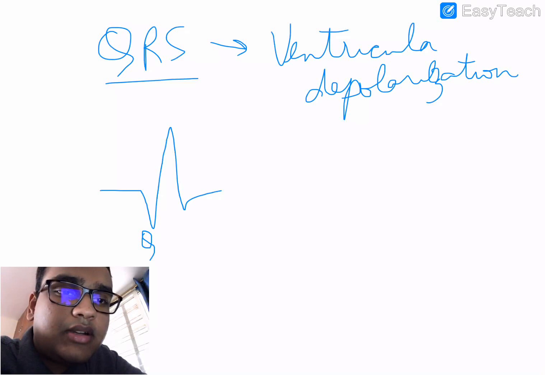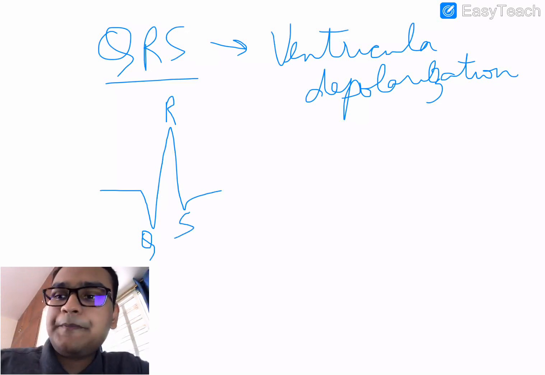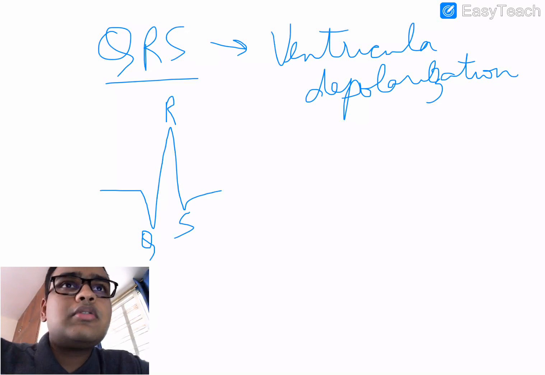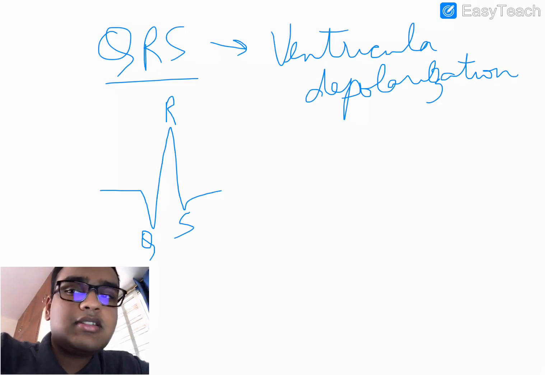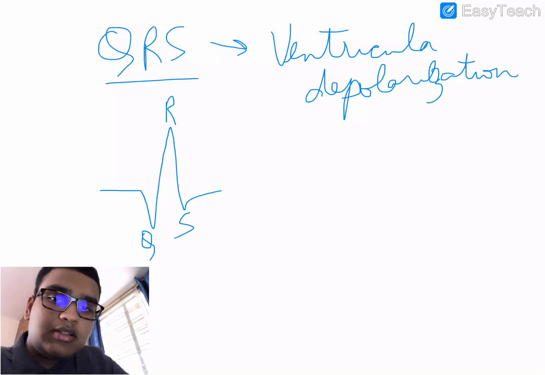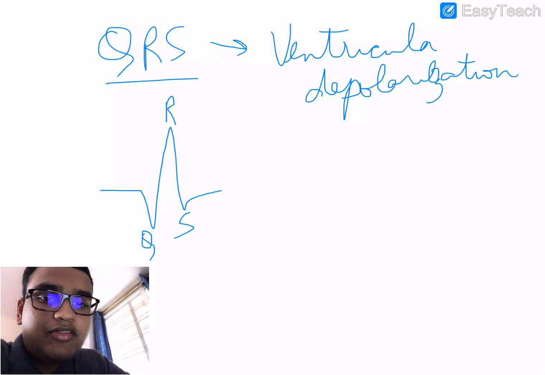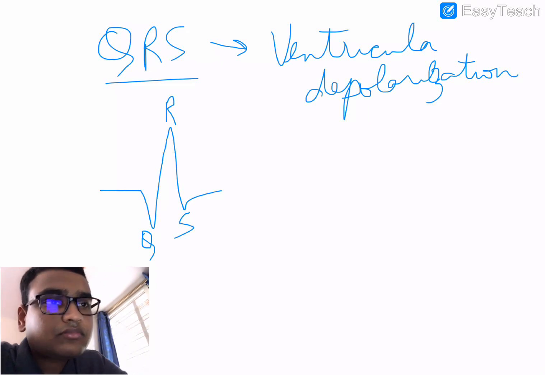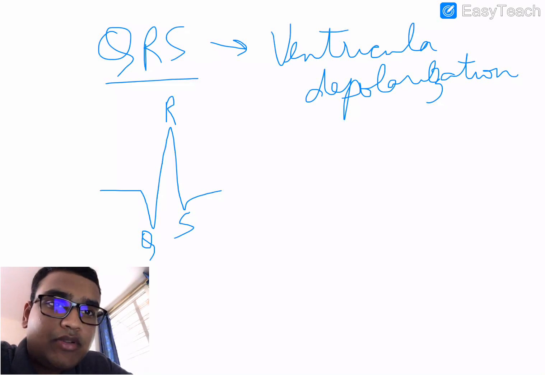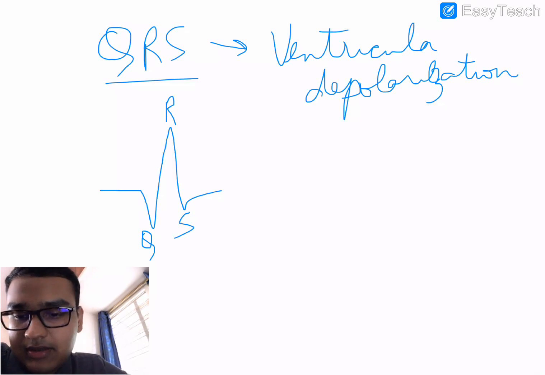The subsequent positive R peak is known as the R wave, and the subsequent negative wave is called the S wave. So this is the QRS complex. What you have to know regarding this QRS complex is how you name it. For example, in pulmonary thromboembolism you get an RSR pattern. What is small r and what is capital R? We'll discuss that now.